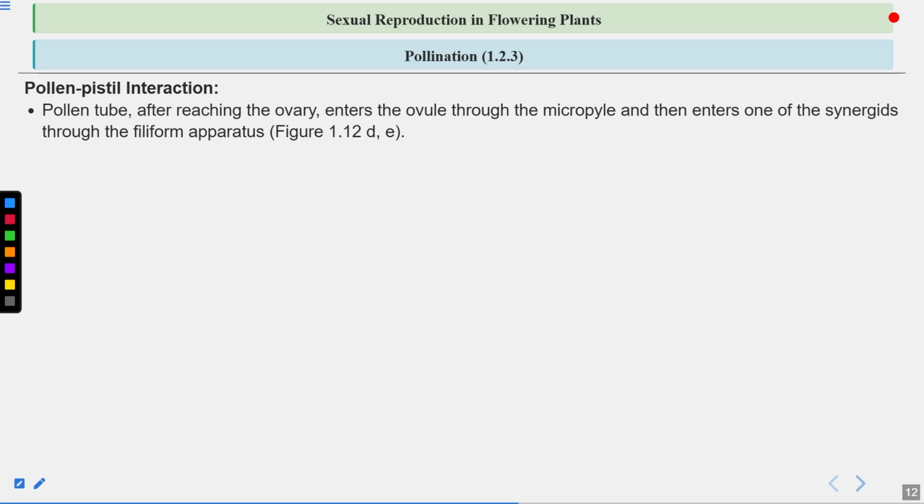It is N. N means haploid. So the haploid cell when it divides will again form haploid. Haploid cell is dividing into two cells, so it is a simple mitotic division, right?